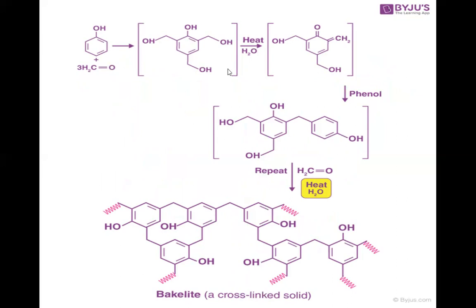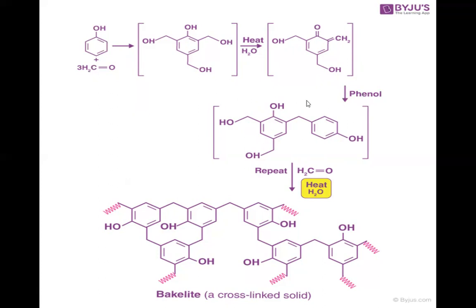It takes place in a stepwise manner. The starting materials for the preparation of Bakelite are phenol and formaldehyde. It is prepared in the presence of an acid or an alkali as a catalyst.